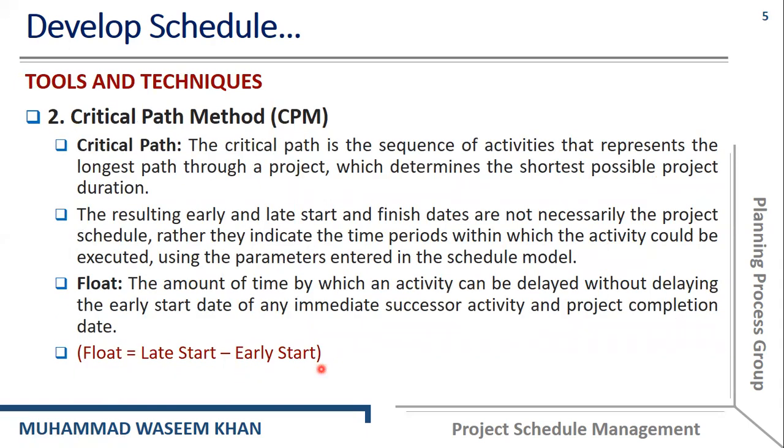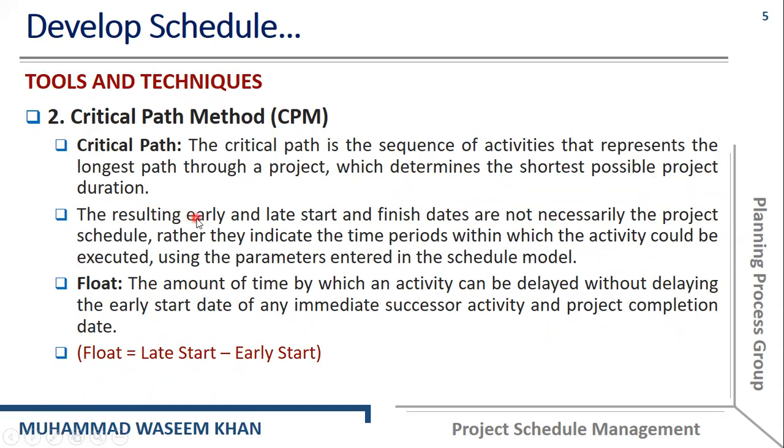Another important terminology that we have discussed in the previous slide as well is the critical path. The critical path is the sequence of activities that represents the longest path in the project and which determines the shortest possible project duration.